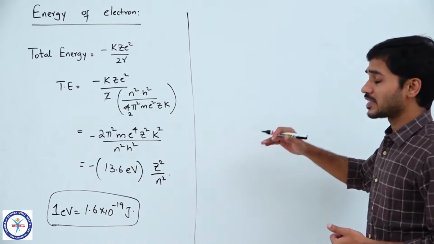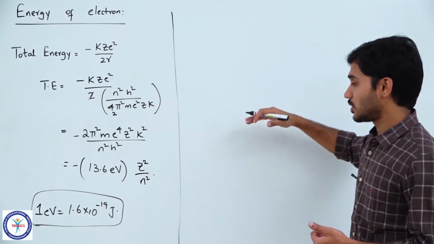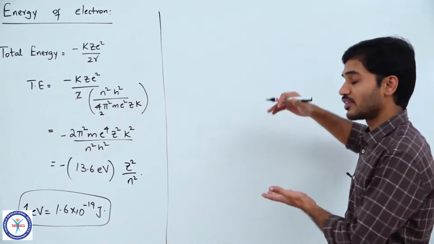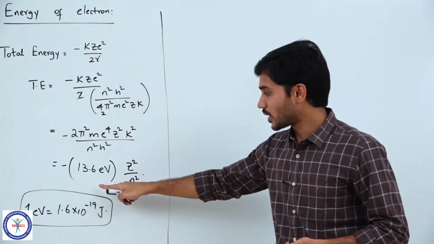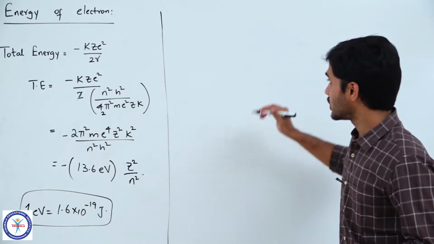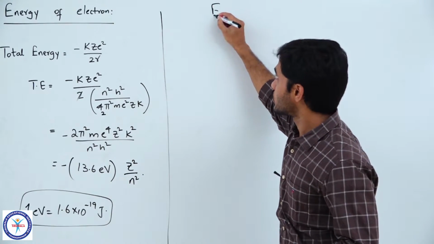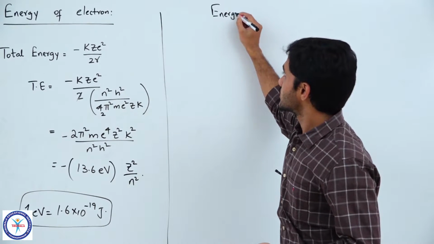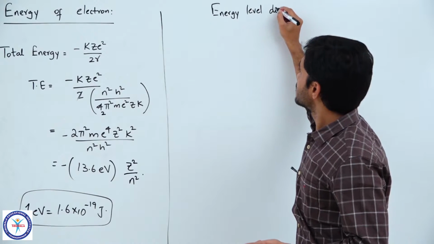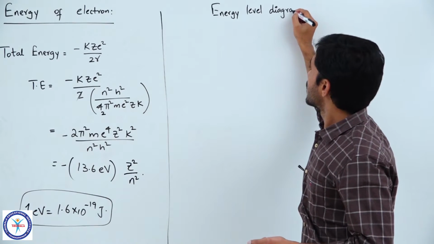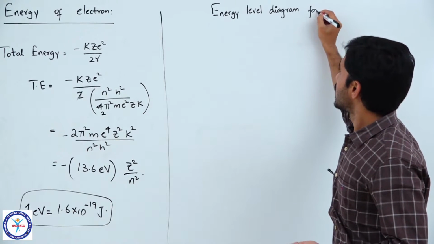I will be representing each energy level with different steps, showing the difference in energy levels. So, first let me calculate a few energy levels by using this. What I am drawing here is an energy level diagram for hydrogen.